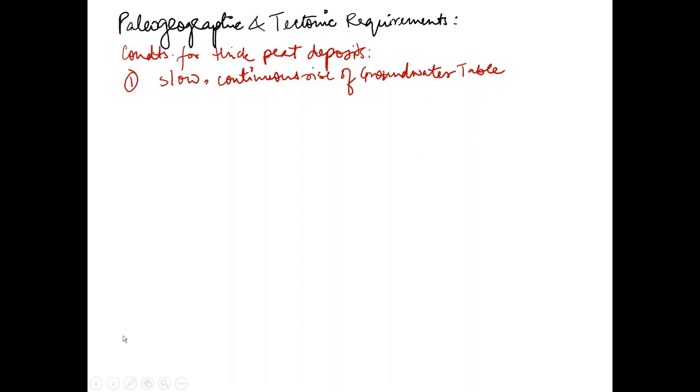So for example, as I had told you in the previous class that the peats are deposited in the areas of subsidence. So suppose that this is some basin where the peat is getting deposited, this material.